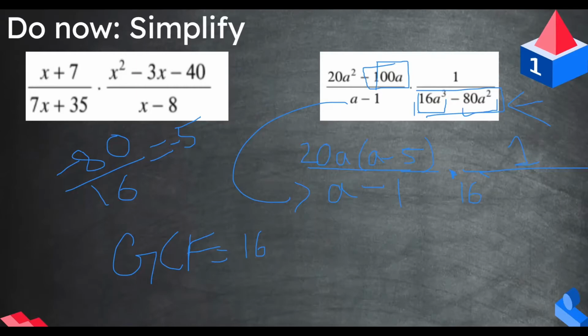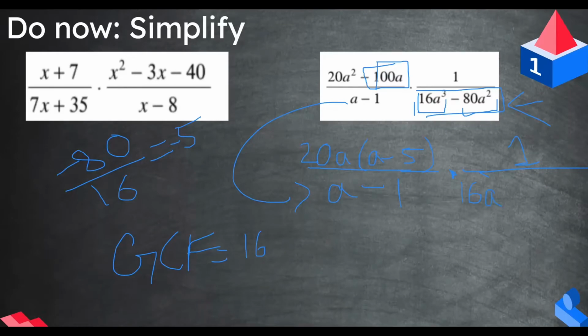As long as all the terms in an expression have something in common, that is going to be at least part of your GCF, right? So they both have a in common. There's a variable in common. So I'm going to take the variable.